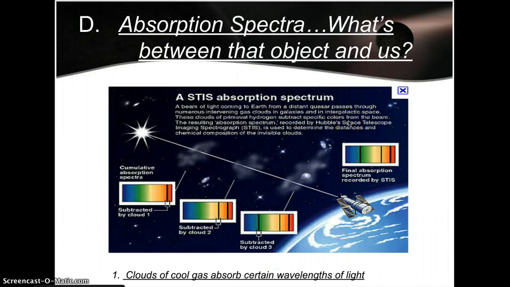Then you have an absorption spectra. This is where the clouds of cool gas are taking out parts of it. So the black lines that you see in the continuous spectrum are taken out by the cool gas that it has passed through. This is another example of how we can determine what that cloud of gas is made up of, by looking at which things it took out of the spectrum.